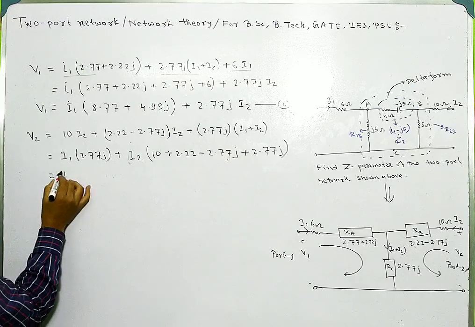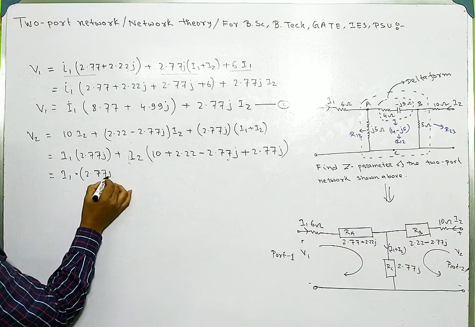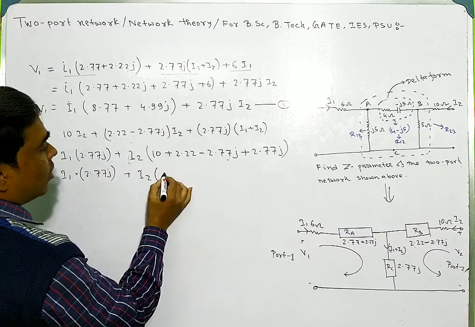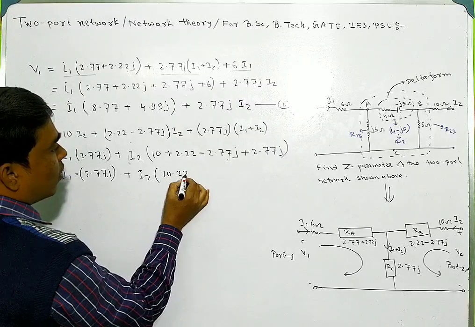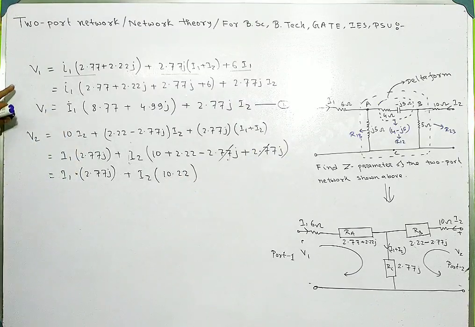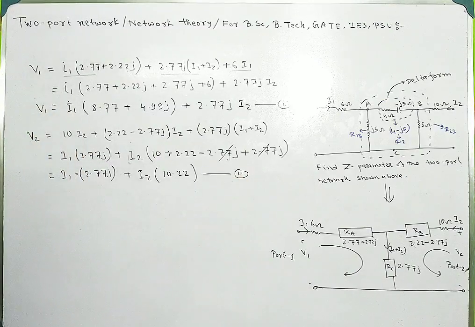So it will be I1 into 2.77J plus I2 into 12.22, and this will cancel out. So this is the equation of V1 and this is the equation of V2.